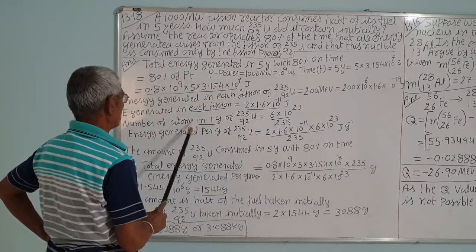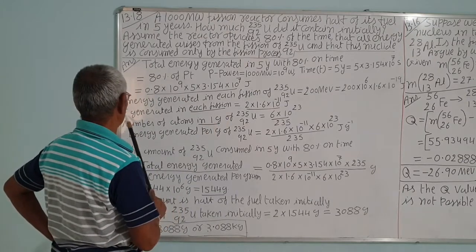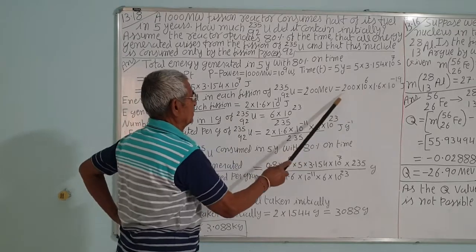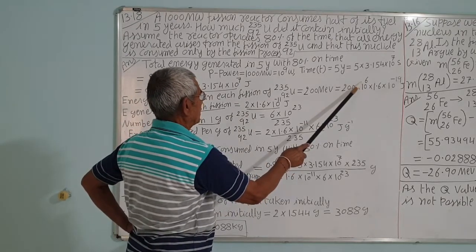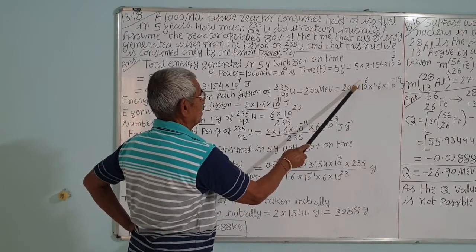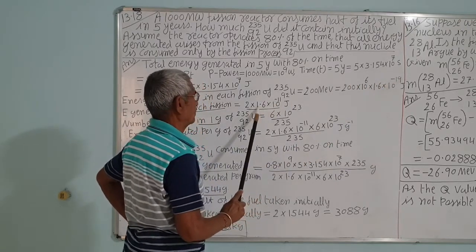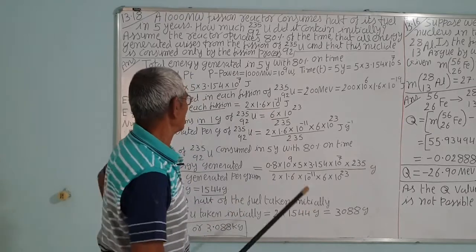So the energy generated in each fission is 2 into 10^8, 8 minus 19, that is minus 11. So 2 into 1.6 into 10^-11 joule.